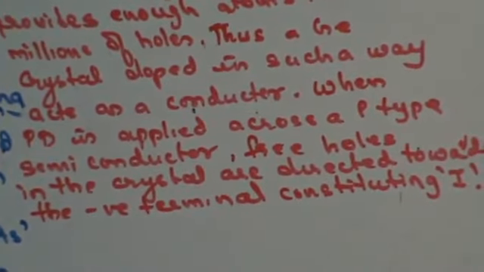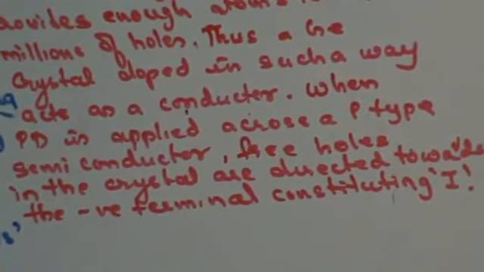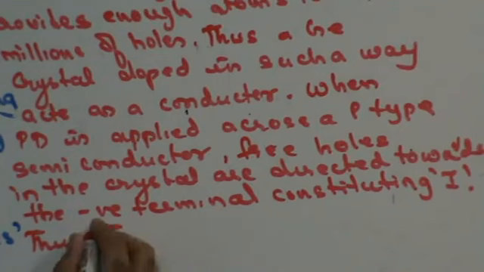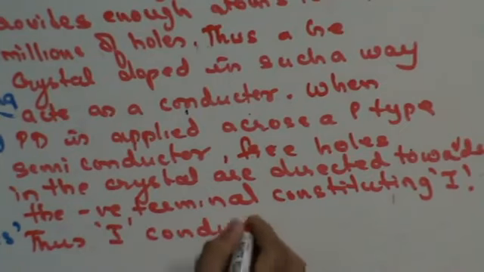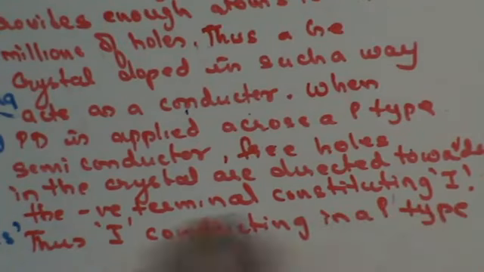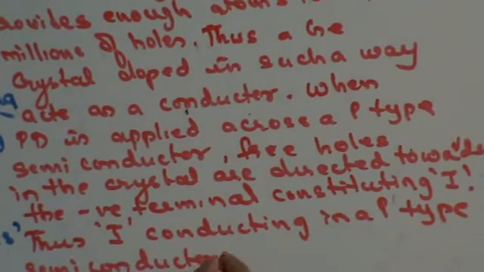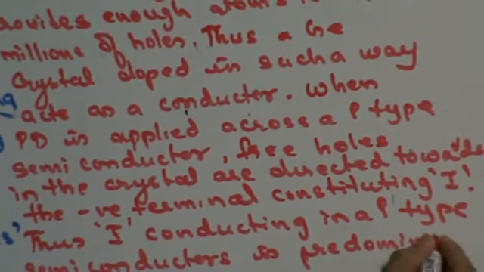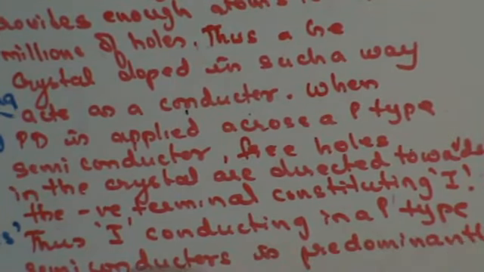Right? Thus, current conduction in a p-type semiconductor is predominantly by free holes, right?